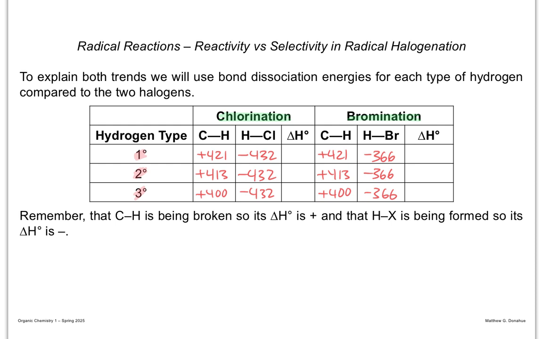Now the delta enthalpy change, we're just taking the numbers from those columns and adding them. So this gets us minus 11 for primary, minus 19 for secondary, and minus 32 for tertiary. For bromine, they're all positive, so plus 55, plus 47, plus 34.